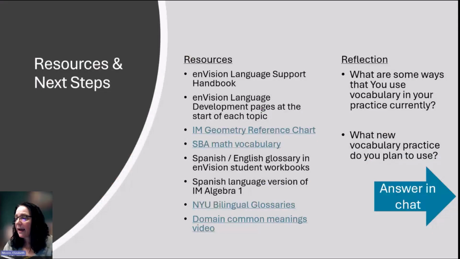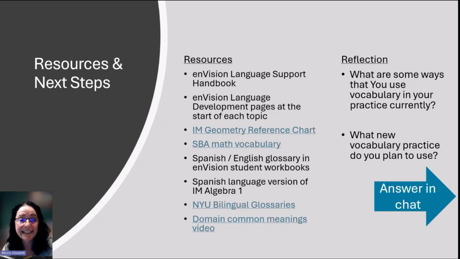With that, we have just a recap of the resources I talked about. There's the Envision Language Support Handbook and the language development pages at the start of each topic. There's the IM Geometry reference chart. There's also a reference list for SBA math vocabulary. They're both linked here, and will be in the follow-up video.